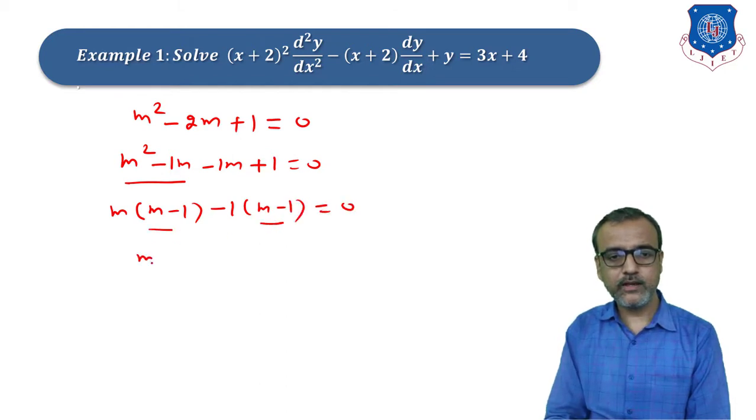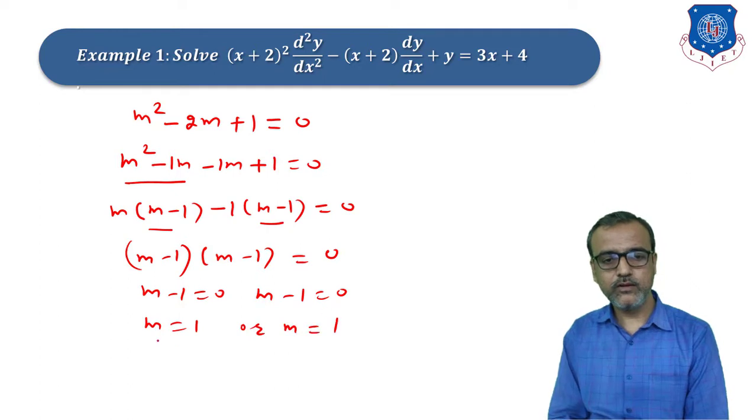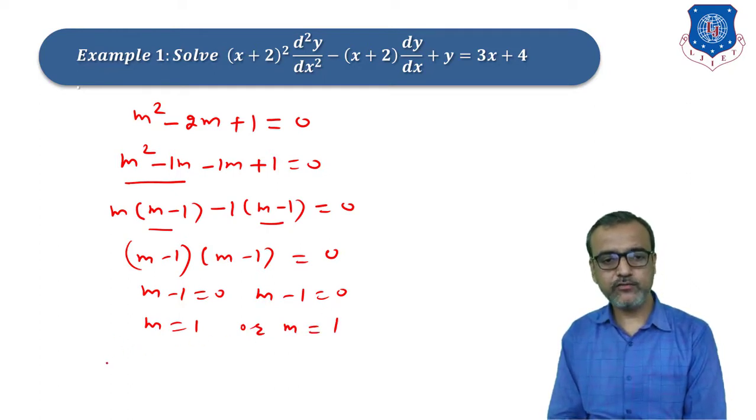Now taking m minus 1 common, so in another bracket we have m minus 1, equal to 0. Equating m minus 1 to 0, we have m equals 1 or m equals 1.